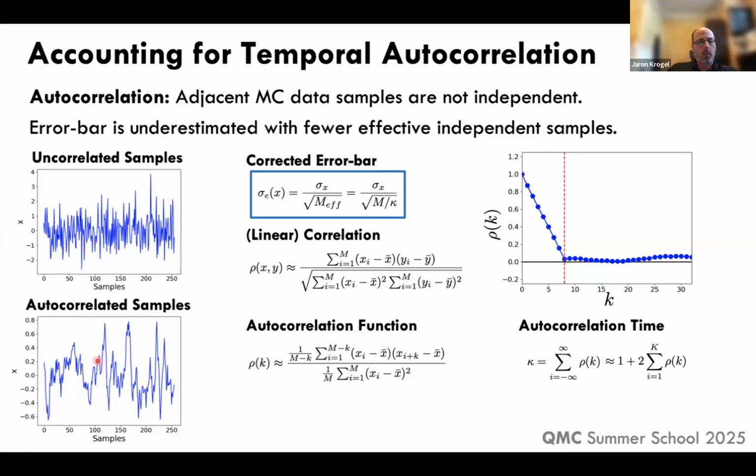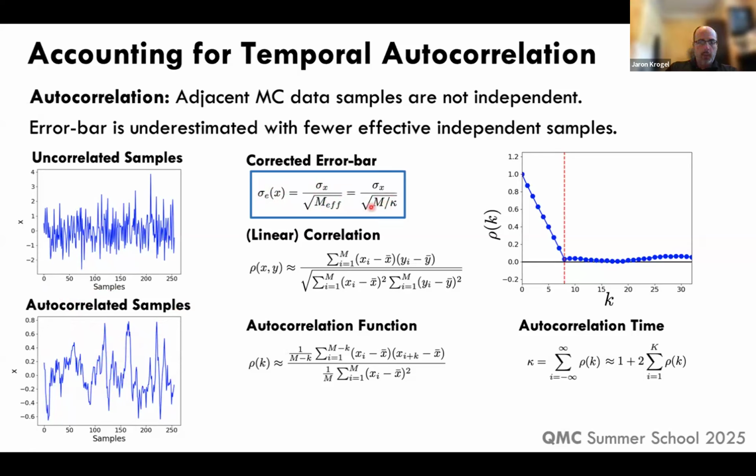In other words, one sample is somewhat tied to the previous one. It can only depart so far from the previous one. And this is accounted for as an autocorrelation time. So the error bar nominally now is the standard deviation over the square root of an effective number of samples, where that's the original number of samples divided by an autocorrelation time.